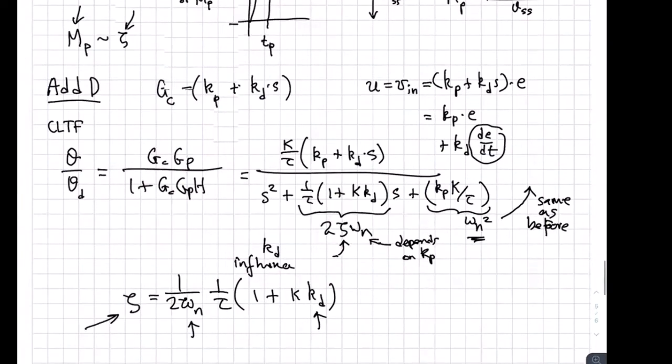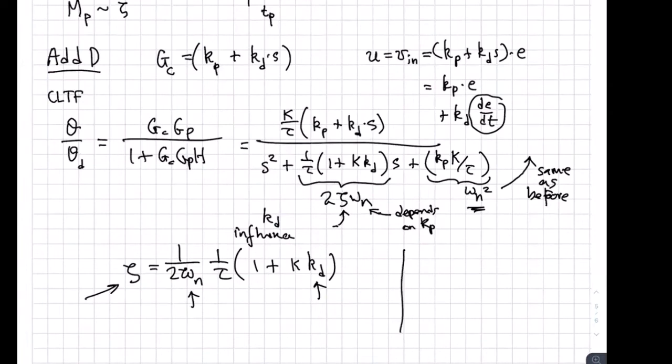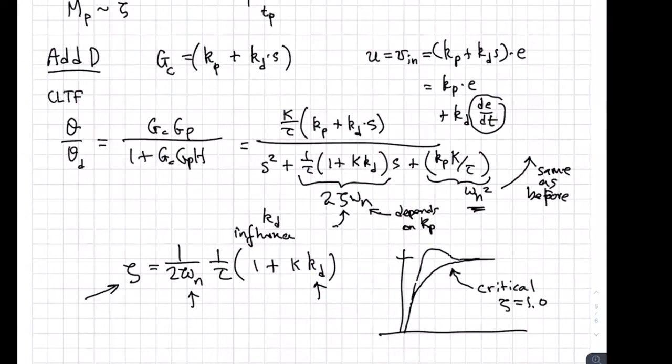And what are some good zetas? Turns out that if I give this thing a step input and I want it to come to that point, you might not want to overshoot. So maybe you want critical damping, maybe you use 1.0. Or maybe you want some overshoot, but just one overshoot and then it settles.